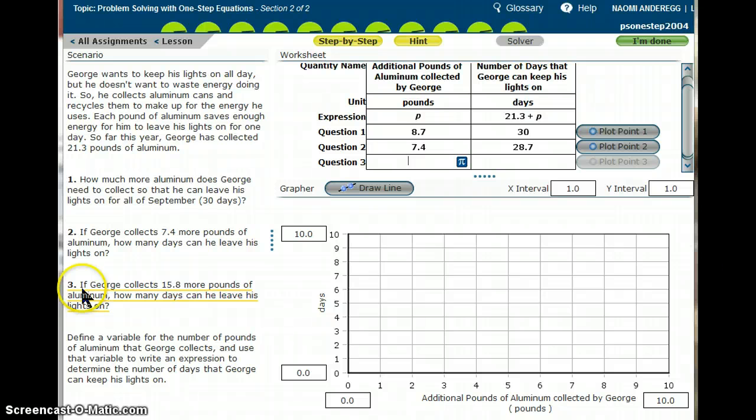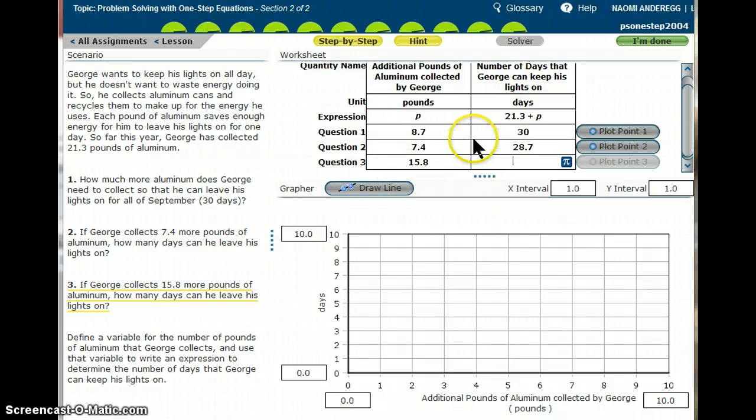The third question is if George collects 15.8 more pounds of aluminum, how many days can he leave his lights on? Again, we're given pounds and not days. So we put in 15.8 as the number of pounds and substitute this in here.